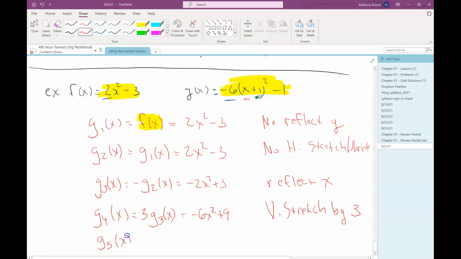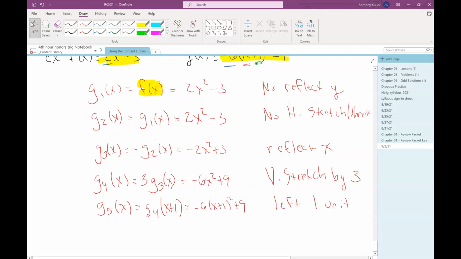So to get that, I would have taken g4 and plugged in x plus 1, and then this was a shift left 1 unit. Because again, the h there would have been -1, right? Because we're adding, the h's are opposite.